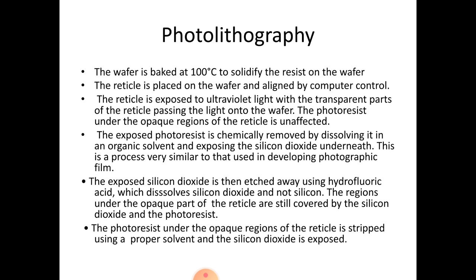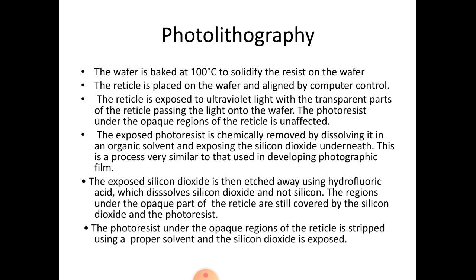Next is photolithography. This is also one of the steps involved in IC fabrication. Here the wafer is baked at 100 degrees Celsius to solidify the resist on the wafer. The reticle is placed on the wafer and aligned by computer control.